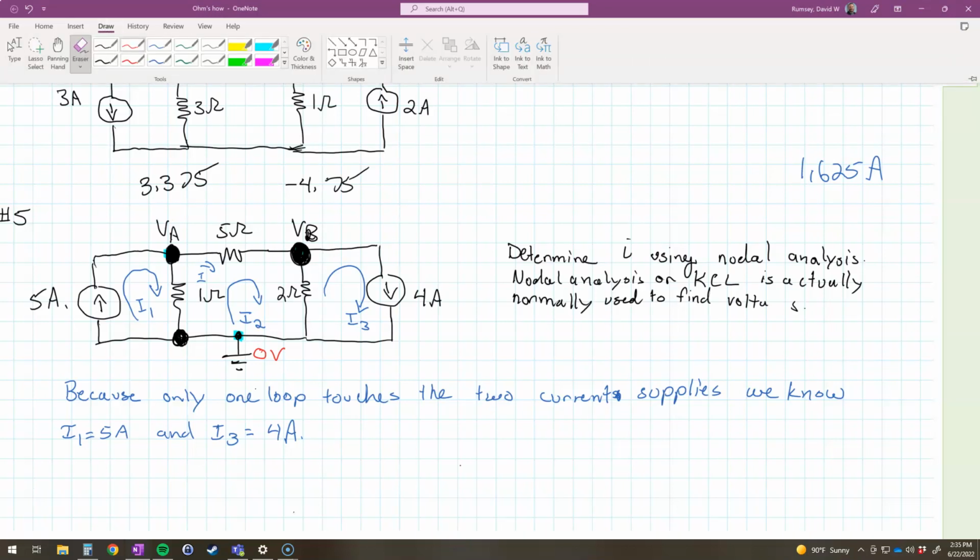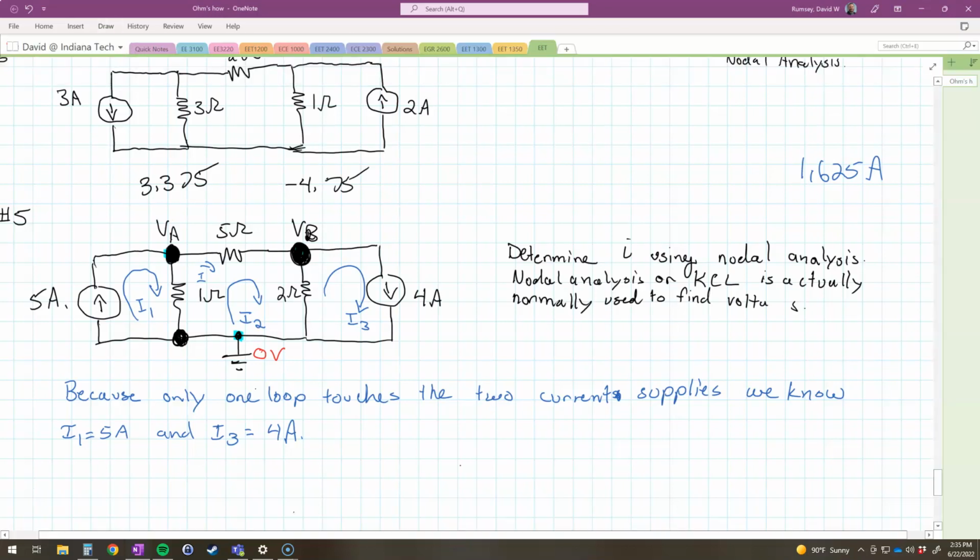So we're good. So I'm going to write an equation here for this loop 2, for that I2 loop. And so we have the voltage across the 1 ohm resistor, plus the voltage across the 5 ohm resistor, plus the voltage across the 2 ohm resistor, and that's all the voltages. There's nothing else there. And that has to equal 0 volts.